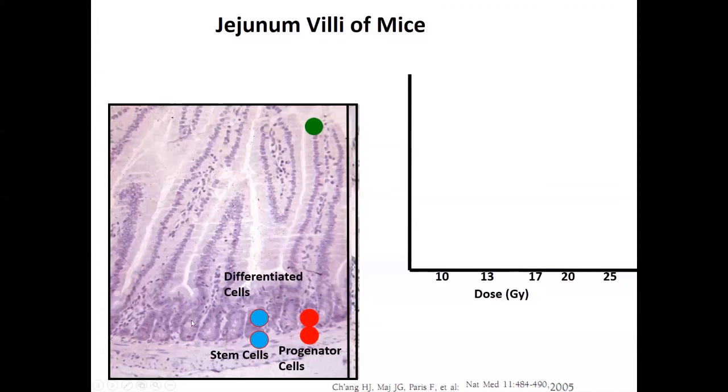Here the jejunum villi was irradiated with increasing doses of radiation. And what were the authors trying to achieve? When you deliver an increasing dose of radiation, initially it will kill only progenitor cells, not the stem cells. So naturally, this will result in diarrhea, but it will be reversible because the stem cells after some time will again produce the progenitor cells. But if stem cells are killed, then it results in irreversible diarrhea, leading to death of mice.